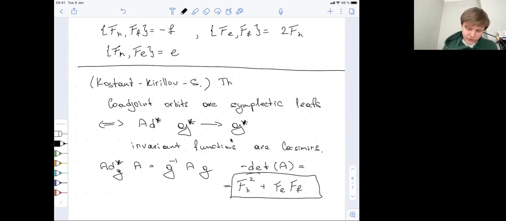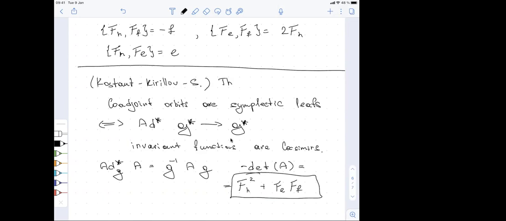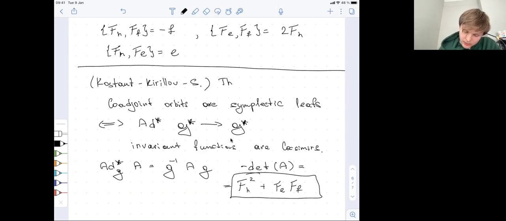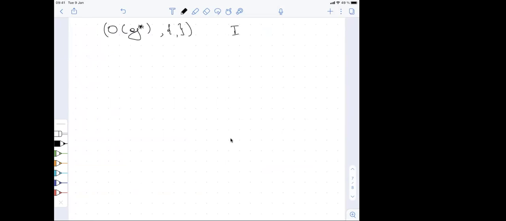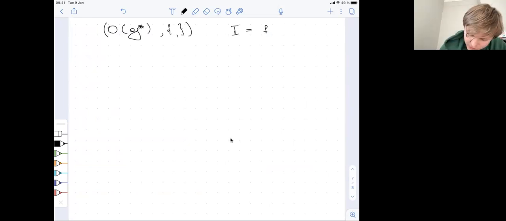So the theorem states that coadjoint orbits are symplectic leaves. Okay. Sorry, what does it mean? Invariant functions are Casimirs. What does it mean really? It means the following. So you have your O of G star with the Poisson bracket. You have some ideal generated by functions which are invariant.